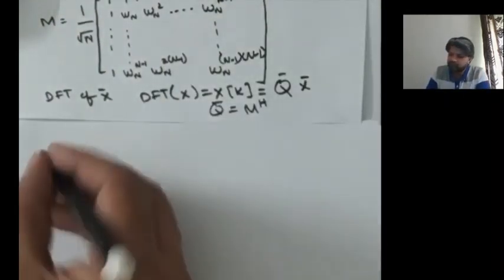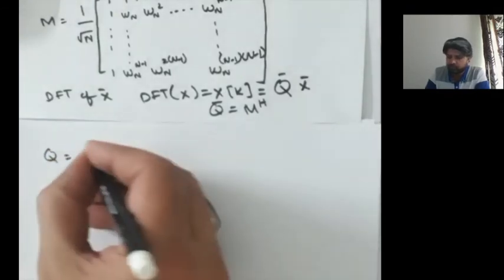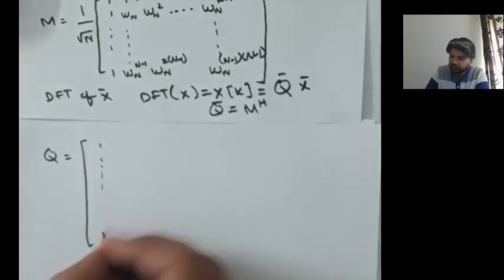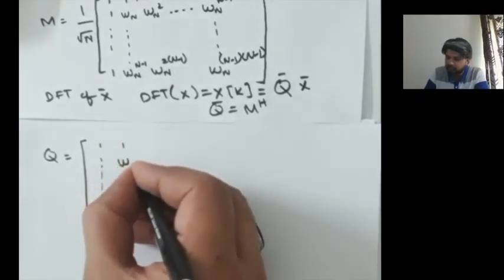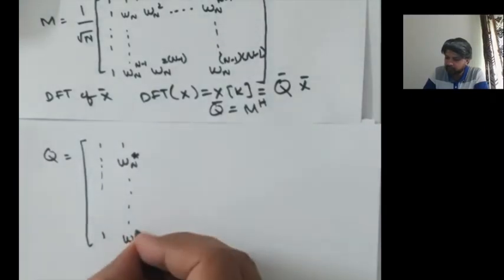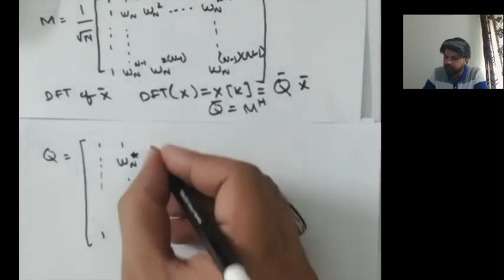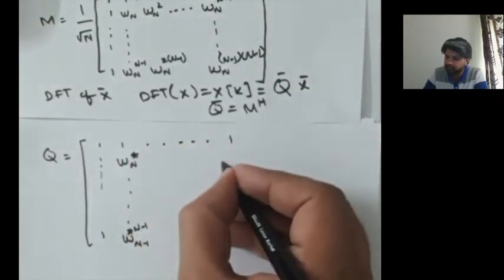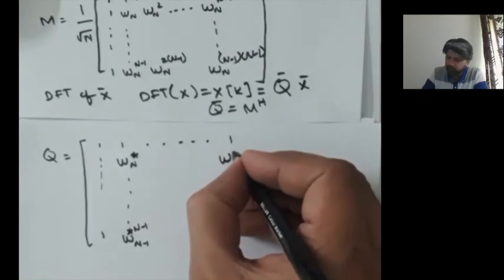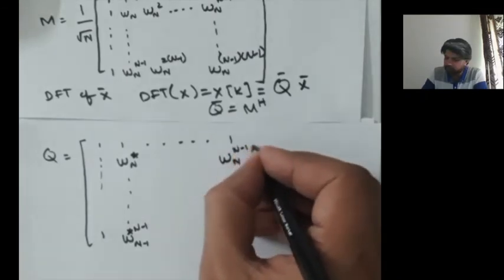So this Q matrix would have the complex conjugate of W here. So you would have one, and then you would have Wn conjugate here, right? Wn to the power n minus 1 conjugate here, right? All of the conjugates, times n minus 1 conjugate.